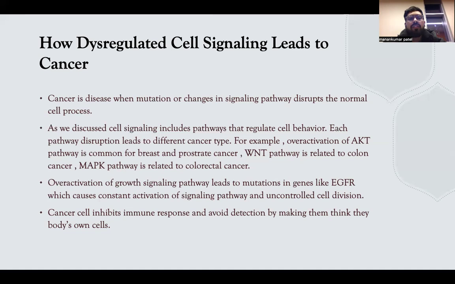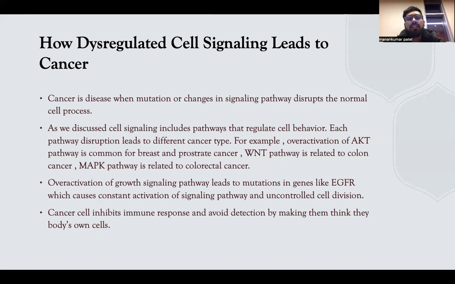Then overactivation of this growth signaling pathway leads to mutation in genes like EGFR, which causes constant activation of the signaling pathway. So there is no stopping for cell division, and the cell will multiply uncontrollably, causing tumor formation and leading to cancer eventually.